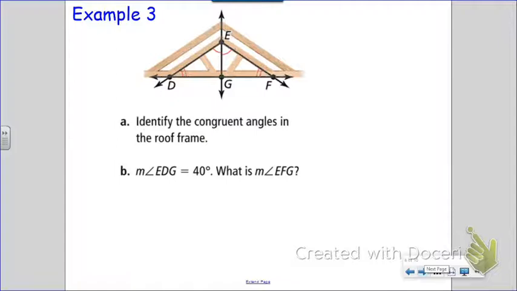Identify the congruent angles in the roof frame. The measure of angle EDG is 40. What is the measure of angle EFG?